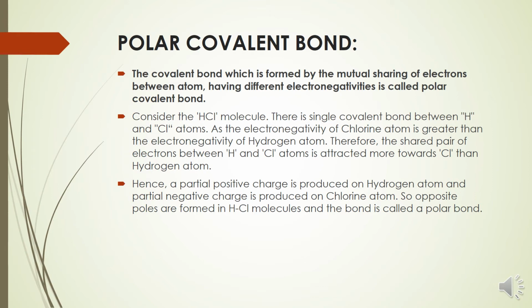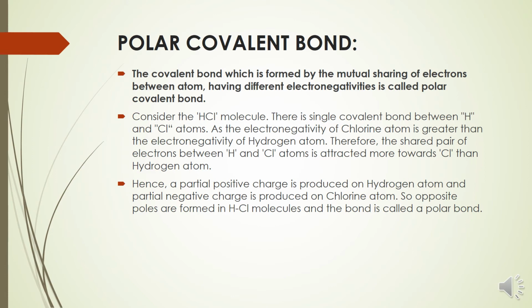Clear? Hence, a partial positive charge is produced on hydrogen atom and a partial negative charge is produced on chlorine atom. Why? Because the shared pair of electrons is slightly towards chlorine, so a partial negative charge on chlorine. So opposite poles are formed in HCl molecules, and the bond is called a polar bond or a polar covalent bond.